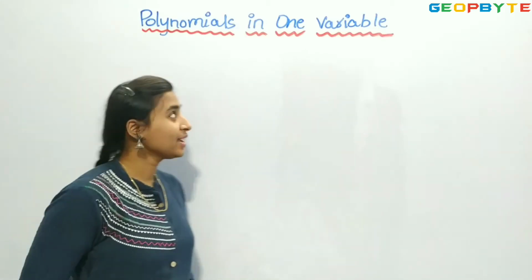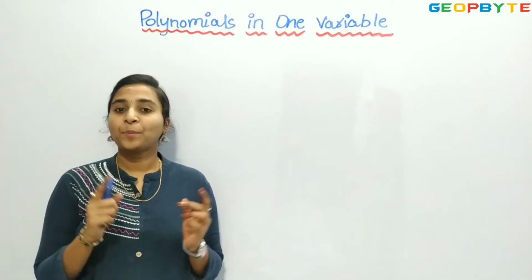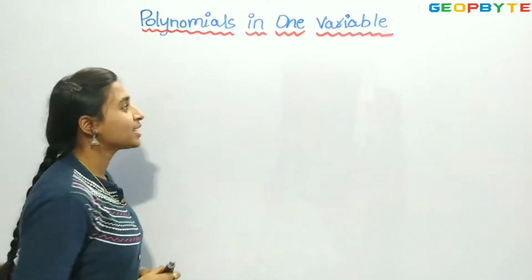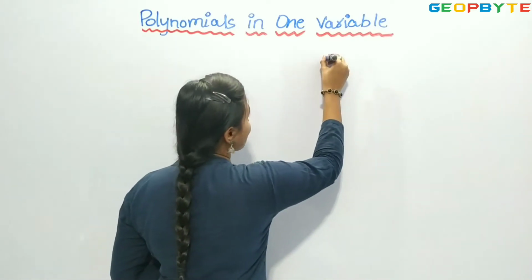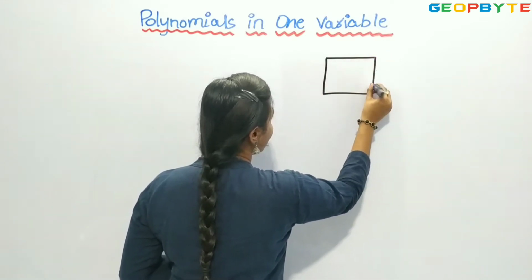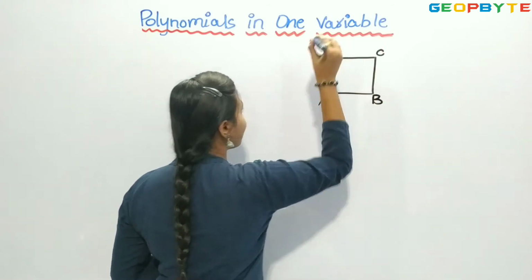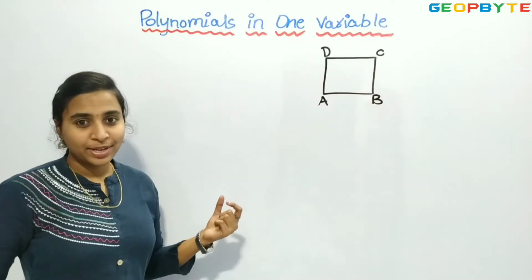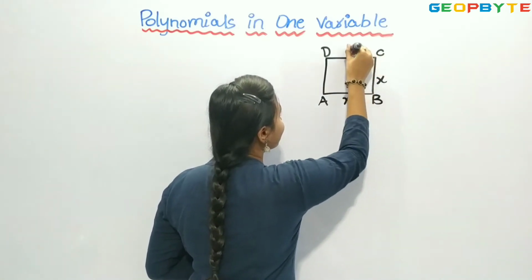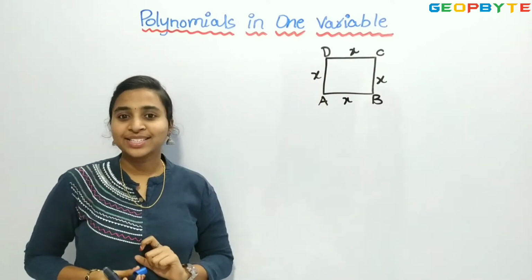Now, let us see polynomials in one variable. It means a polynomial having only one variable. Let us consider a square ABCD. Each side has x unit length.